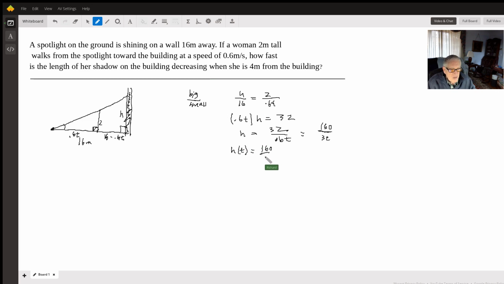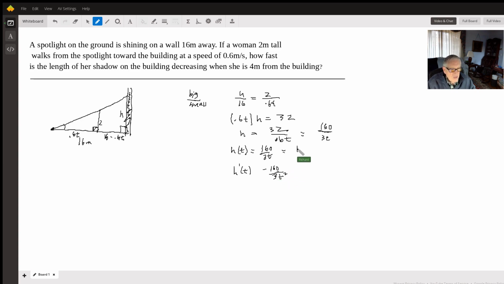160 over 3t. Now we'll take the derivative, so h prime of t is just going to be negative 160 over 3t squared. We're just using the power rule here.